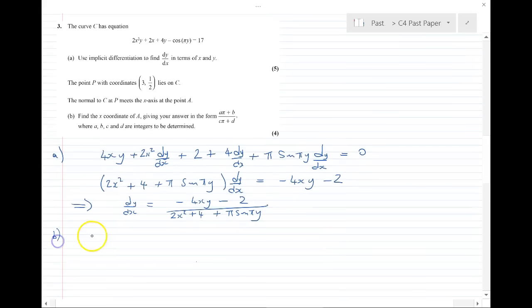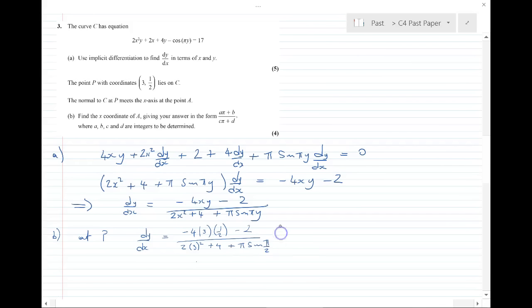So let's work out at P, dy by dx equals minus 4xy, so it's minus 4 times x, which is 3, times y, a half, take away 2, all over 2 times 3 squared plus 4 plus pi sine pi, and y is equal to a half, so that's pi over 2.